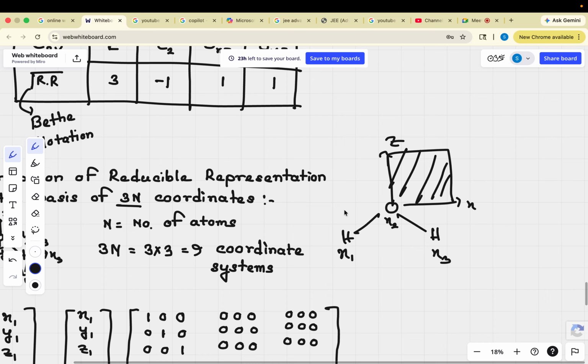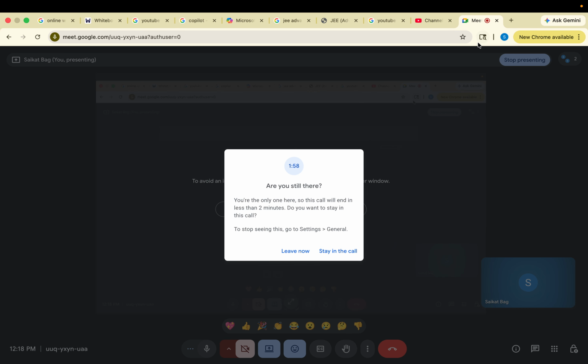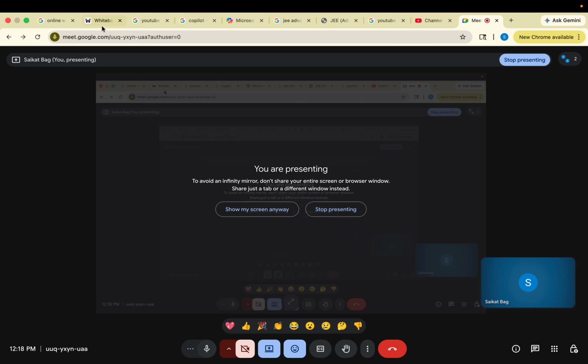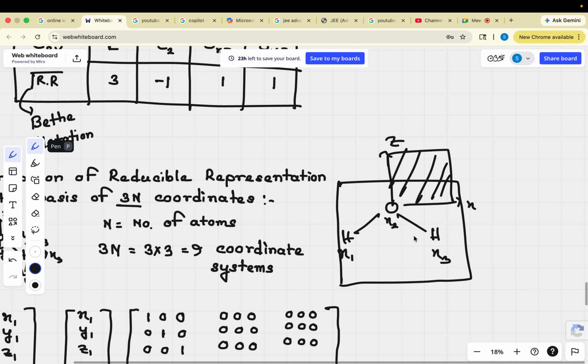Okay, so if I keep this plane in front of the molecule, x1 x3, they are not changing their positions, right?